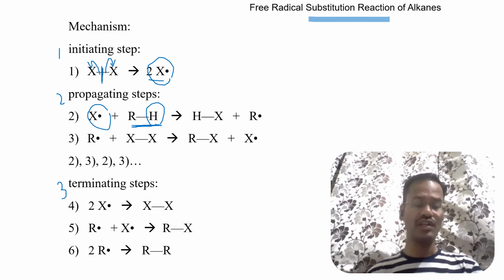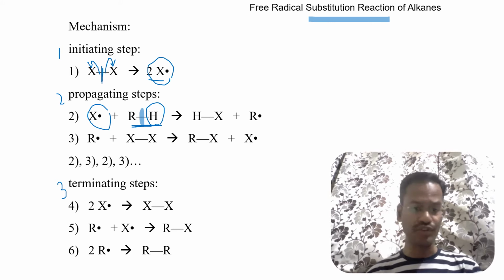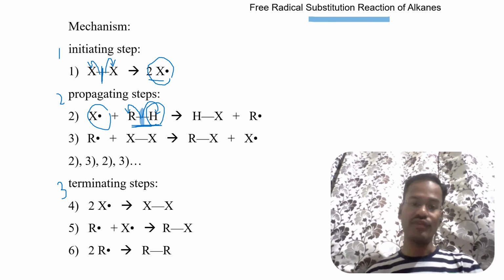So you can see this halide free radical is attacking this particular bond, where the bond will again be divided into two, that is homolytic bond fission, and the electrons present in this bond will be equally divided and shared between the alkyl group and hydrogen, and we are going to get an alkyl free radical.